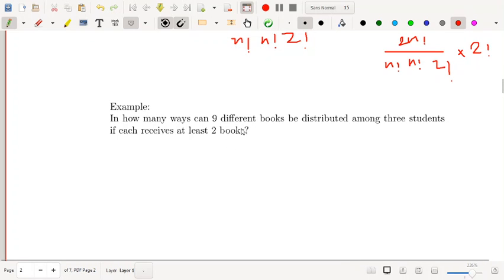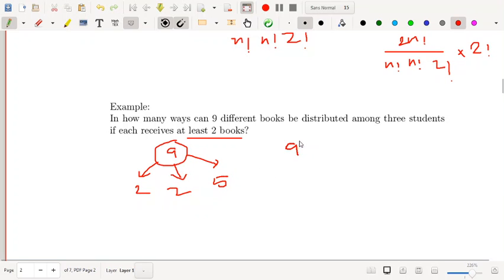So in how many ways can 9 different books be distributed among 3 students if each receives at least 2 books? So you have 9 books, and each student must have at least 2 books. So 2, 2 and 5, that makes 9.